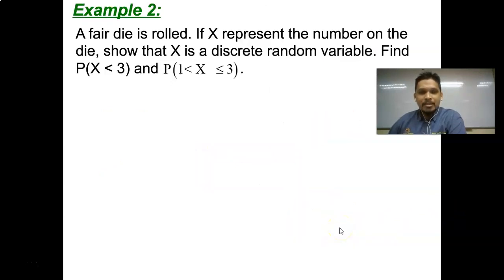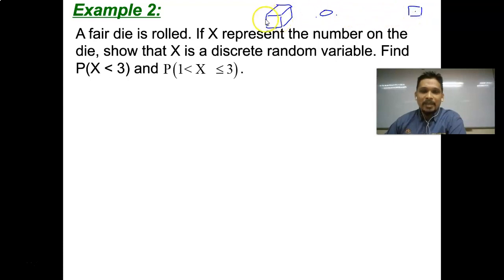A fair dice is rolled. A dice, which I think is familiar to all of you when we play snakes and ladders. In any games, we move up the token from one box to another box until we reach the final box.